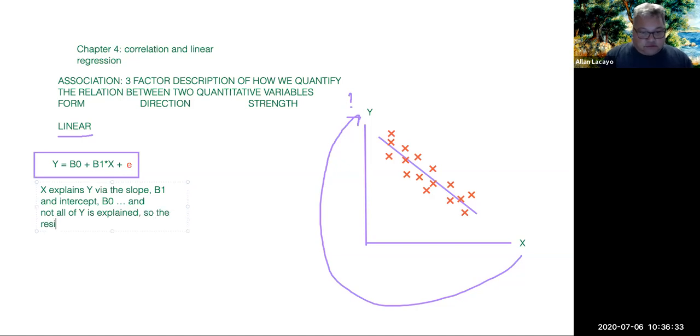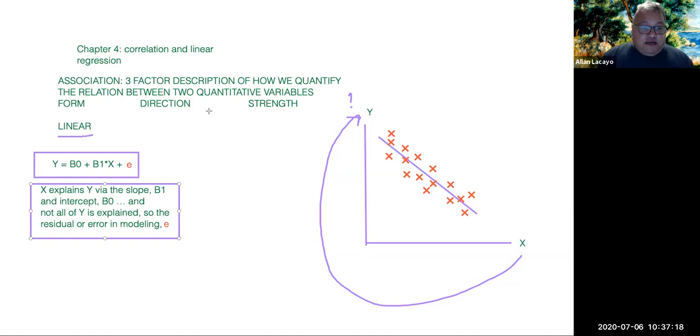So the residual or error in modeling is usually denoted by the letter E. So we'll be focusing on linear regression models, on data forms that are linear. To the extent that the data is not linear, what gets explained is less, and what remains as a residual or error becomes greater or unexplained.